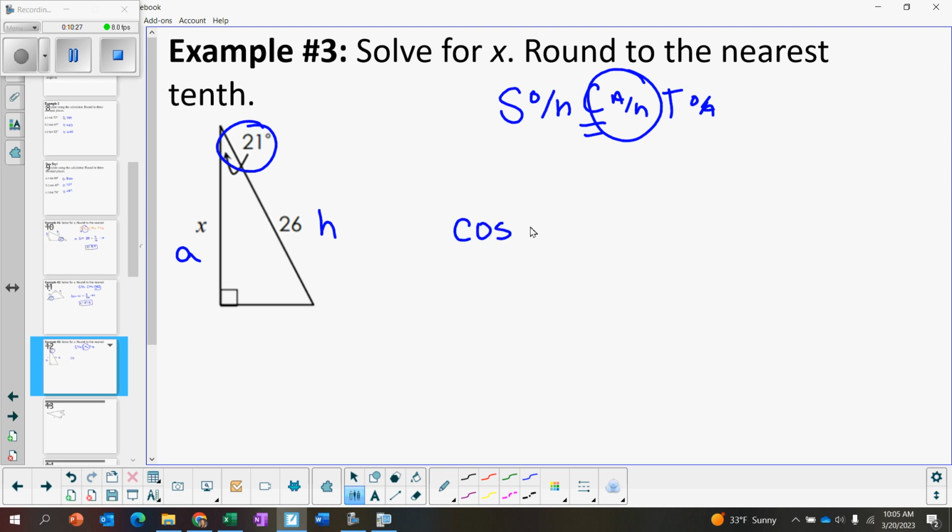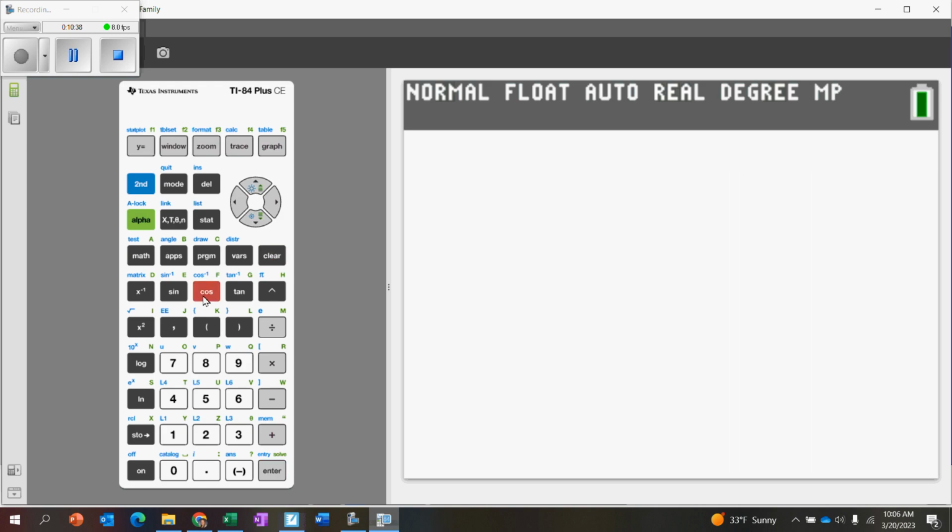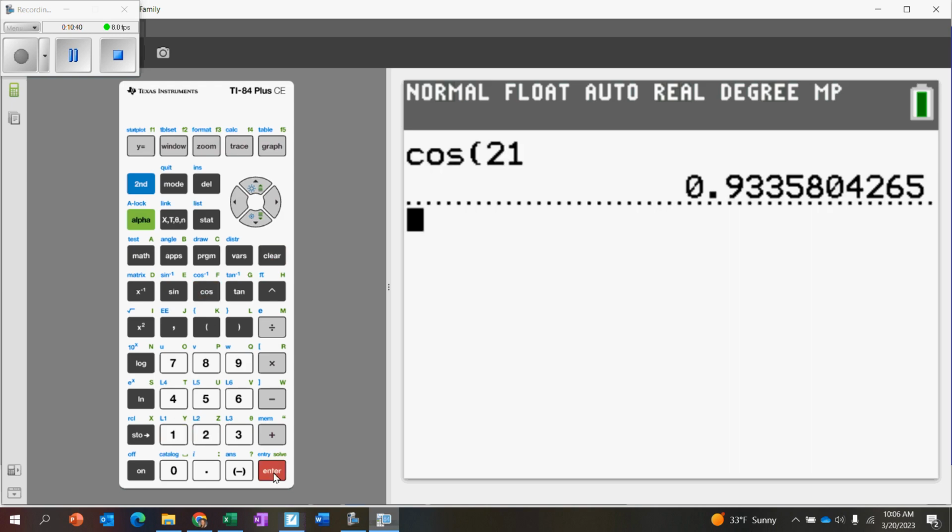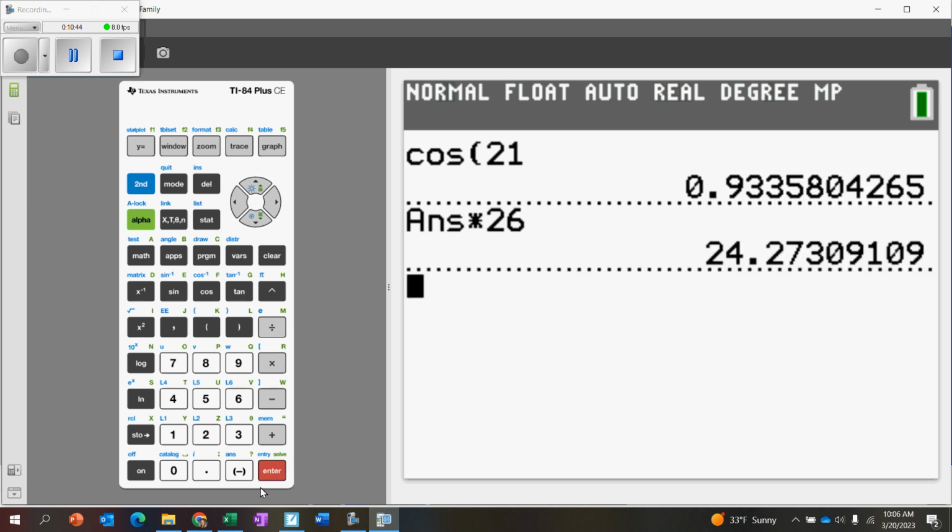So cosine of 21 equals A over H, or x over 26. So we're going to find the cosine of 21 and multiply it by 26. That's 24.3, we'll say.